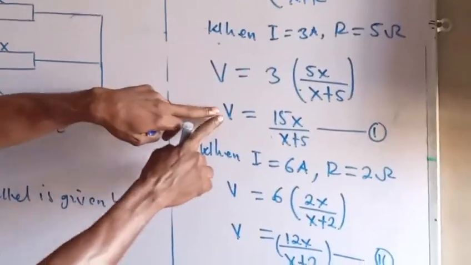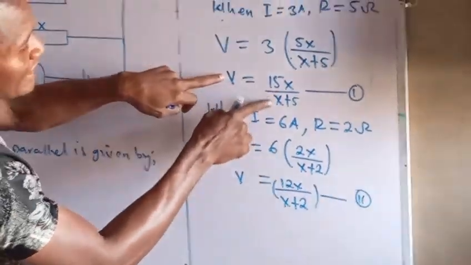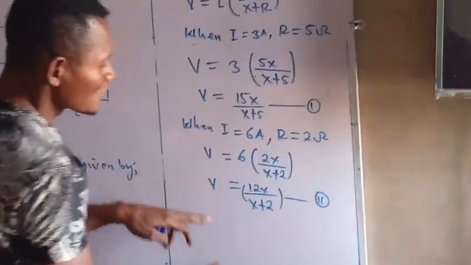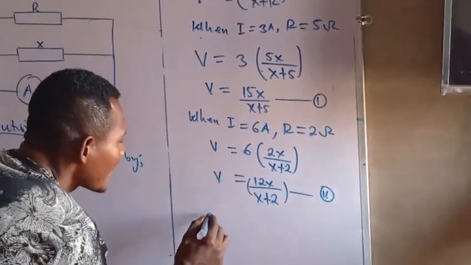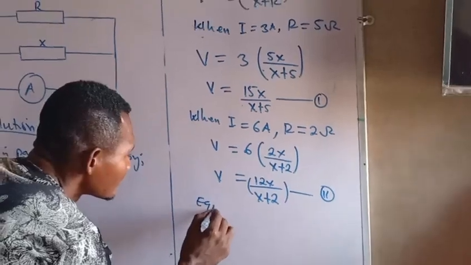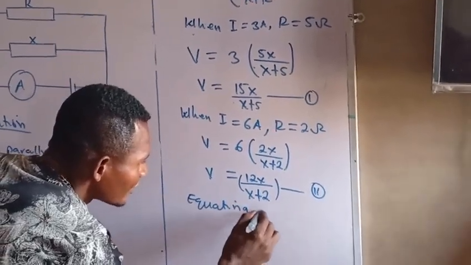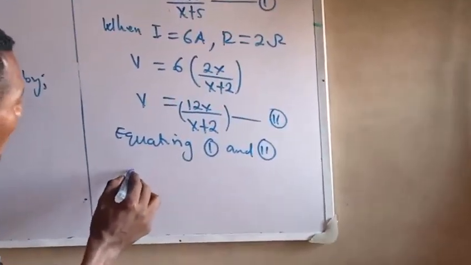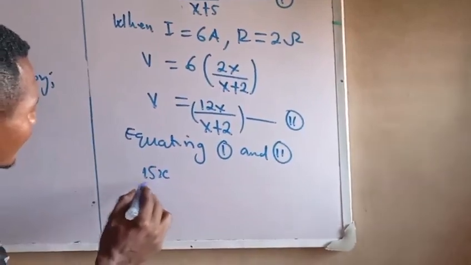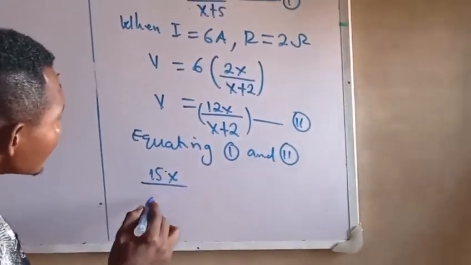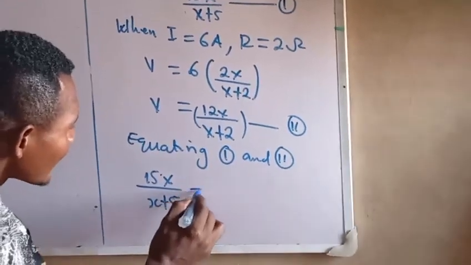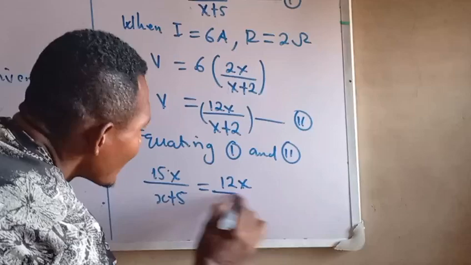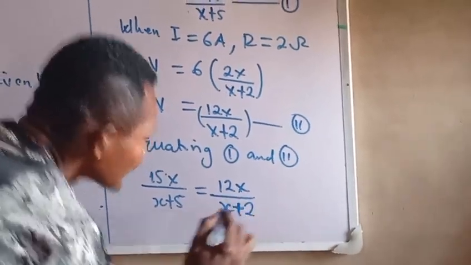So you can understand that here also is V equal to 15x over x plus 5, V equal to 12x over x plus 2. So we can equate the two together. We can now have, equating equation 1 and equation 2, we have equation 1 as 15x over x plus 5 is equal to 12x over x plus 2.